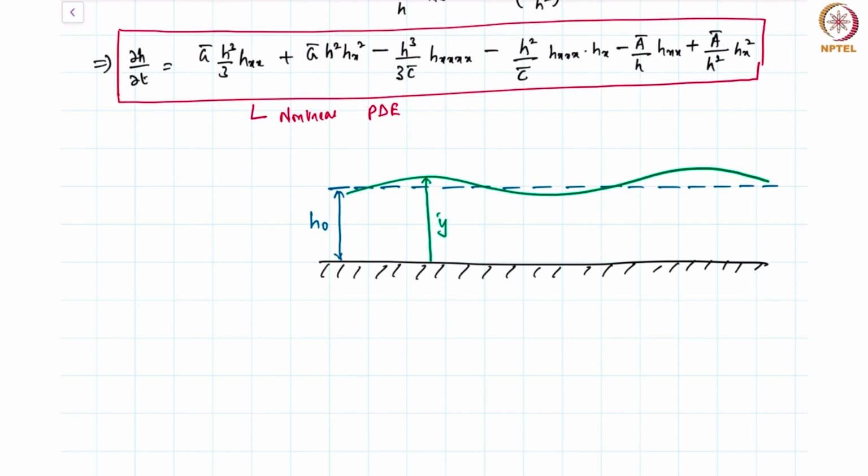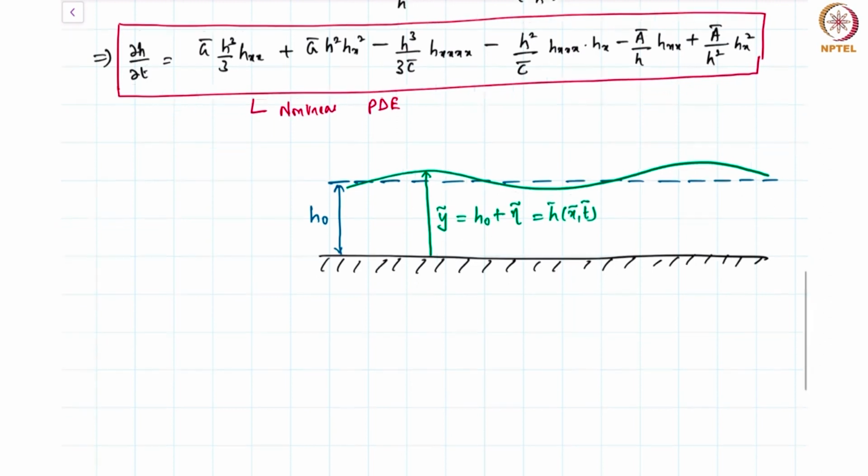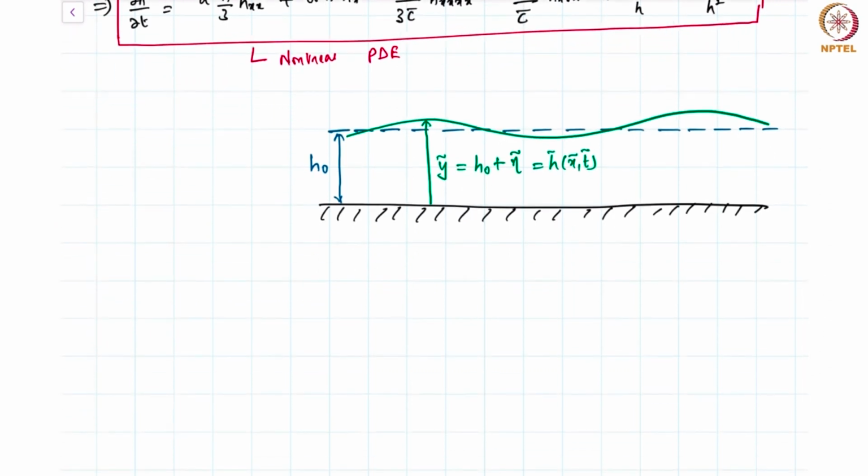We can say the dimensional height y will be the dimensional h0 plus eta tilde, and this is nothing but h of x comma t, all in dimensional form, right? So in other words, we are saying that h tilde, dimensional, is equal to h0 plus eta tilde.